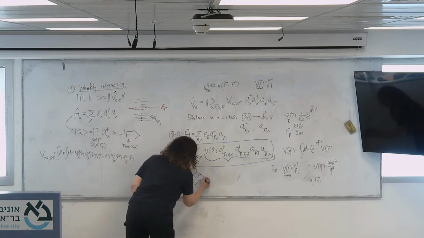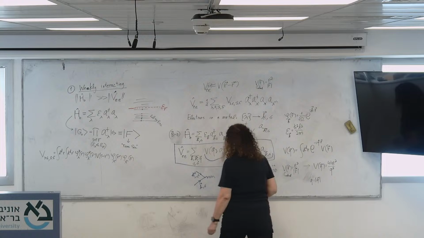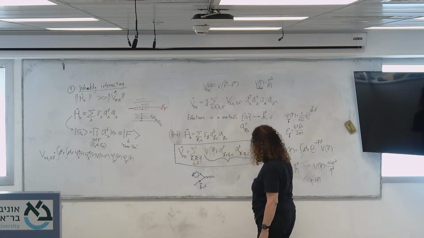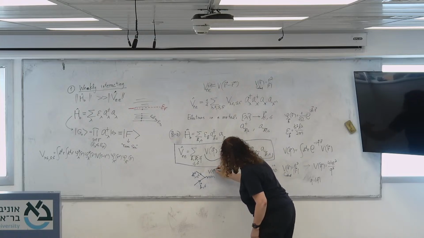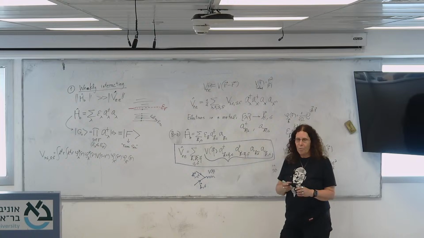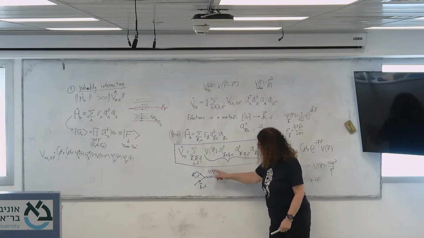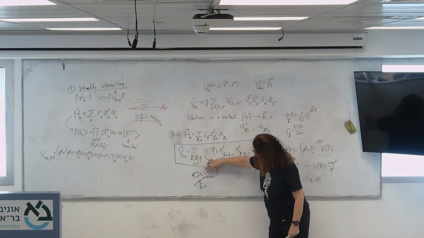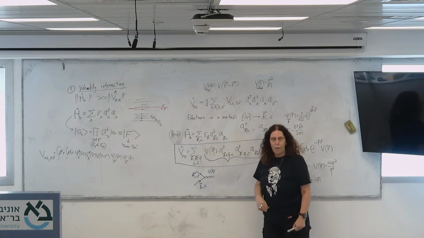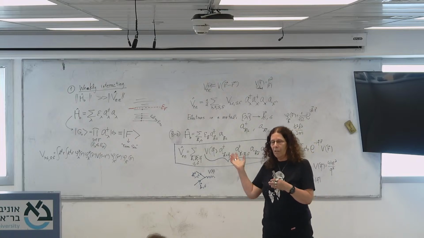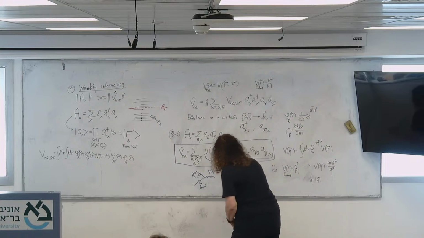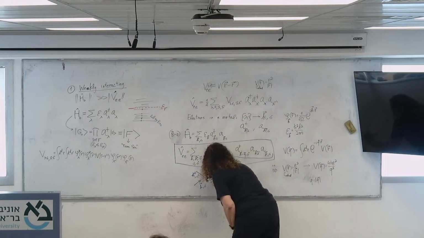And now they collide, and they emit a particle, or if you like, an imaginary, a virtual particle. This is embedded by the VQ. The VQ describes the amplitude for emitting such a particle, but this particle carries momentum Q.